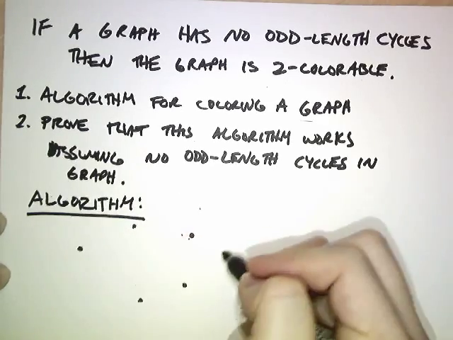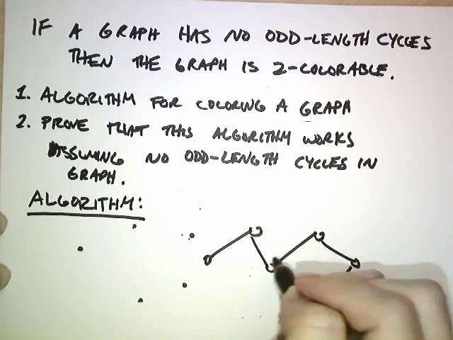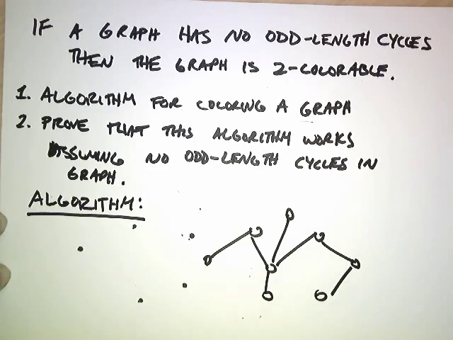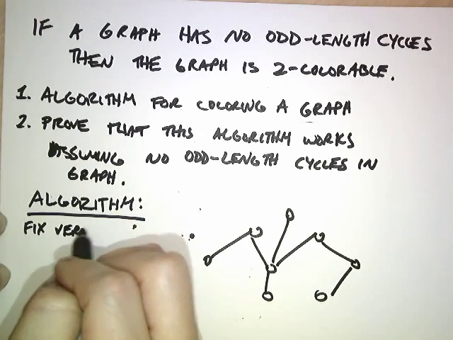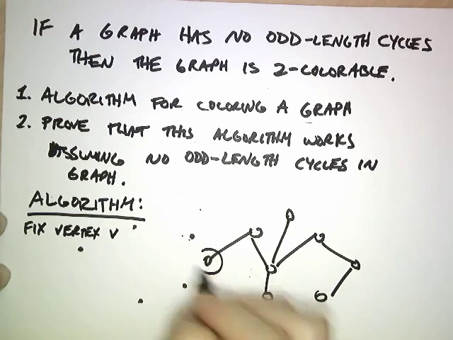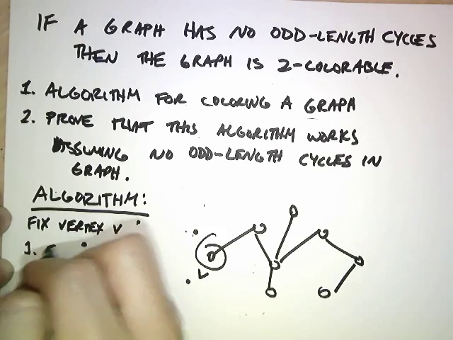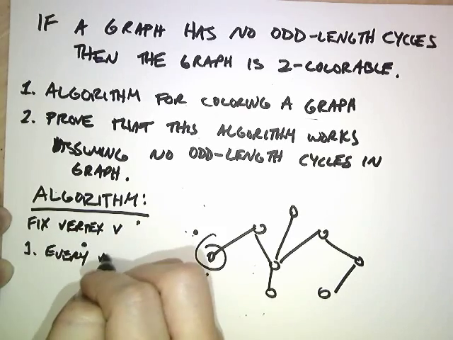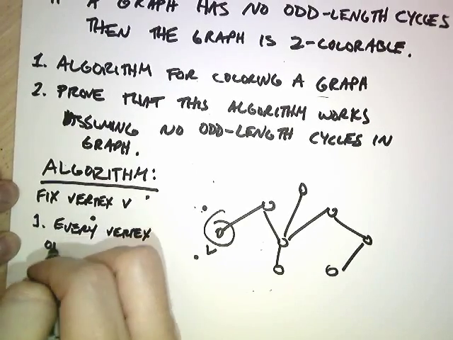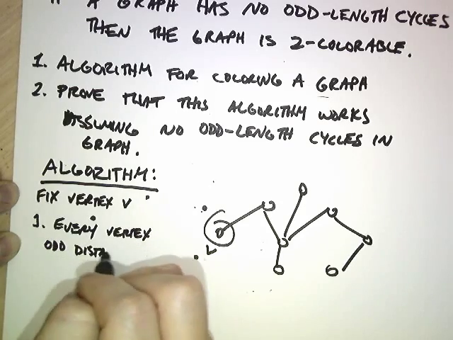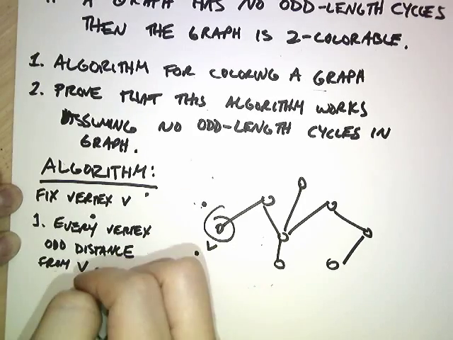Well, it works as follows. So we have some graph. Let's say that's our graph. We'll fix some vertex v. Let's call it this vertex v. And every vertex that's odd distance from v, color white.